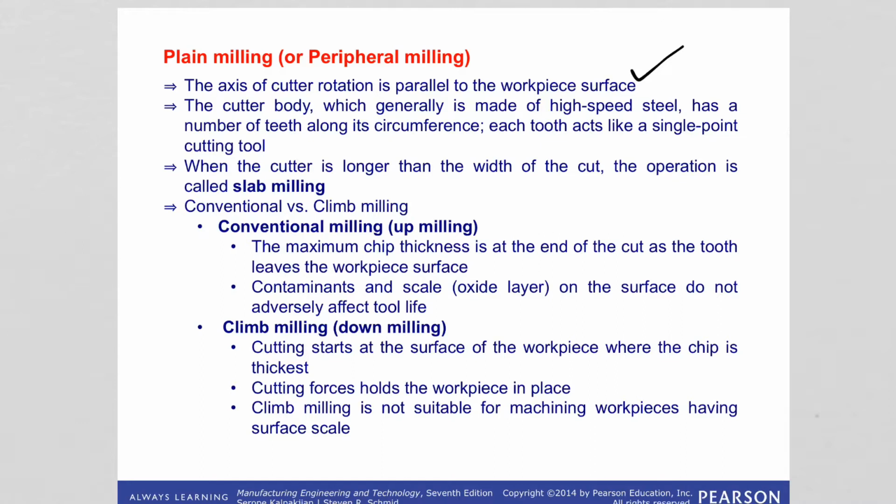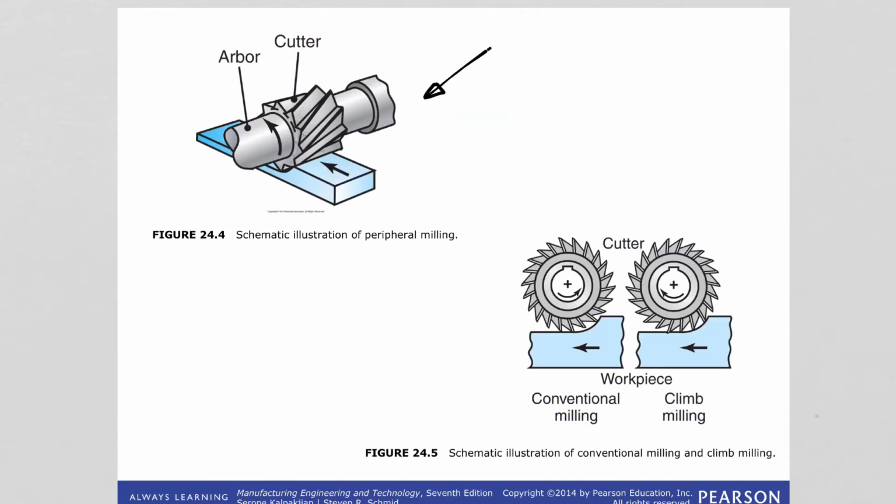The cutter body is usually made of high-speed steel and has a number of teeth along its circumference, and each tooth acts like a single point cutting tool.